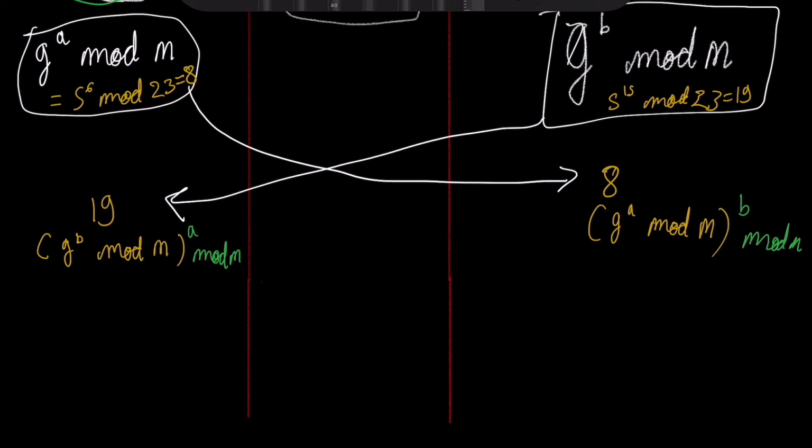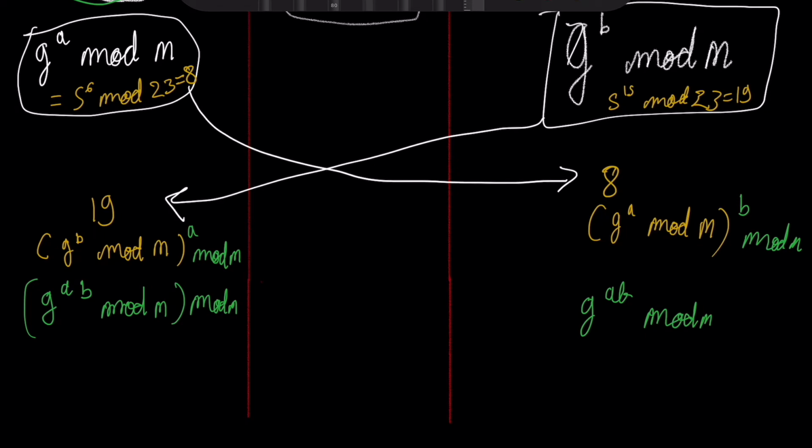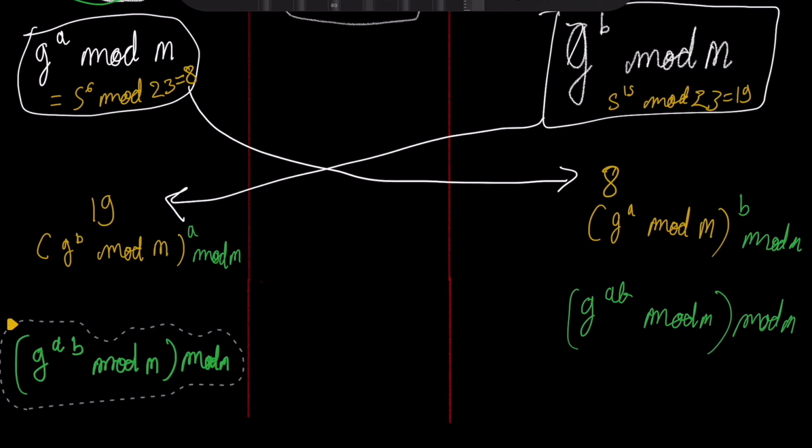So you will see what will happen. g to the b to the a will be g to the ab mod n, and this will be also the same. So g to the ab mod n.